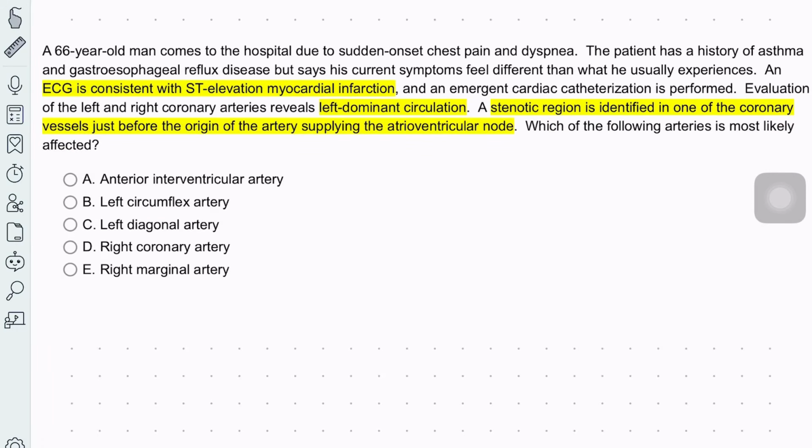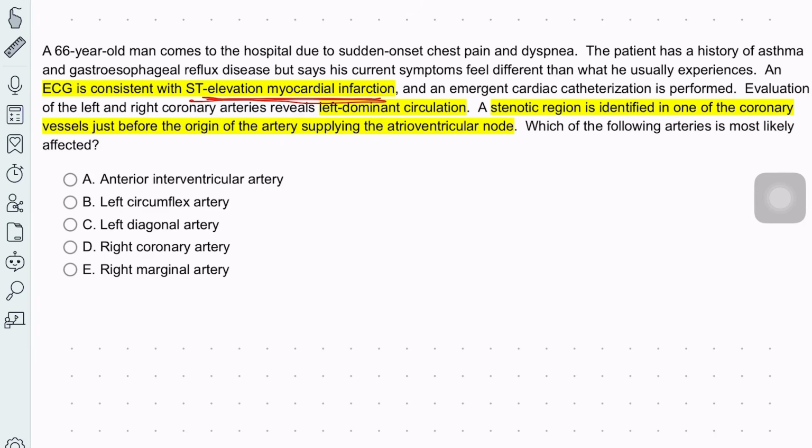A 66-year-old man comes to the hospital due to sudden onset chest pain and dyspnea. The patient has a history of asthma and GERD, but says his current symptoms feel different than what he usually experiences. An ECG is consistent with ST segment elevation myocardial infarction, and an emergent cardiac catheterization is performed.